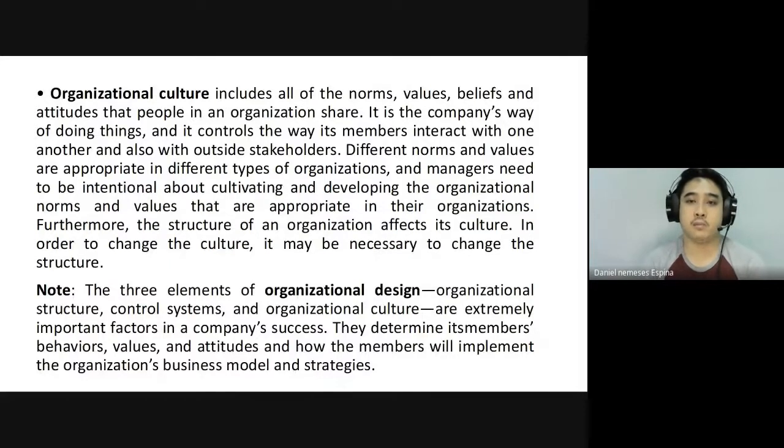And it also affects the implementation. So if your organizational culture is competitive, perhaps the implementation of those strategies will be faster. And if there is delay, then the opposite will happen. The structure of an organization also affects its culture, and in order to change the culture, perhaps it is necessary to change the structure.